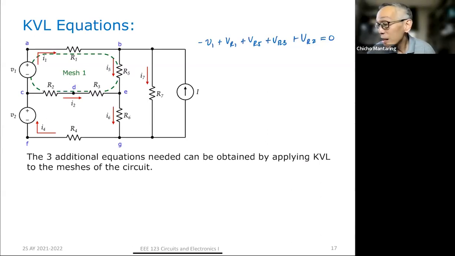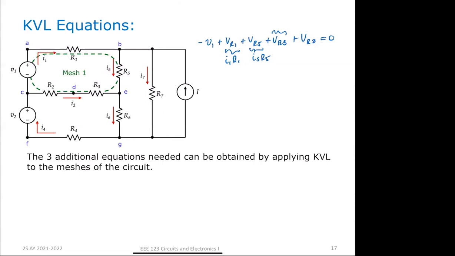So this is just I1 R1. This VR5 is just I5 times R5. This VR3 is, okay, this is the tricky part. What is VR3? Can I ask Shaq Norio? What is VR3?